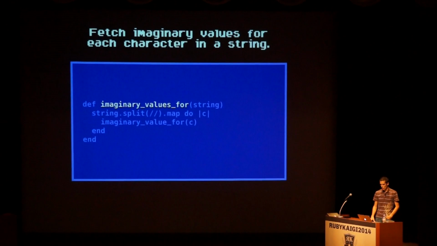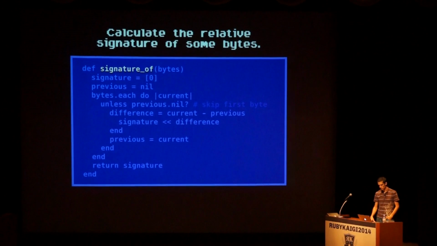So imaginary values for an entire string, we split the string, and then we get the imaginary value for each character in the string. If we want to get the signature of a series of bytes, just a random series of bytes, it could be the thing that we specified on the command line, but it's also going to be every chunk of data that we pull out of the ROM to compare against it.